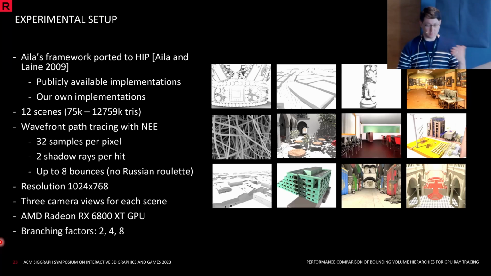We averaged the times and values over these 3 views, and all tests were evaluated on an AMD Radeon RX 6800 XT, and each BVH is also evaluated with 3 branching factors: 2, 4, and 8.